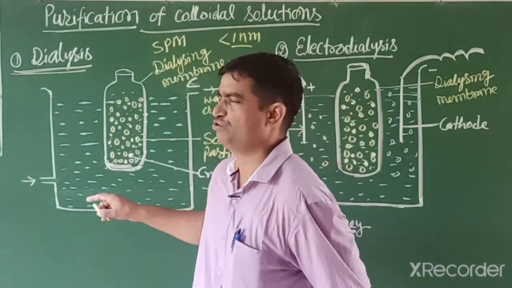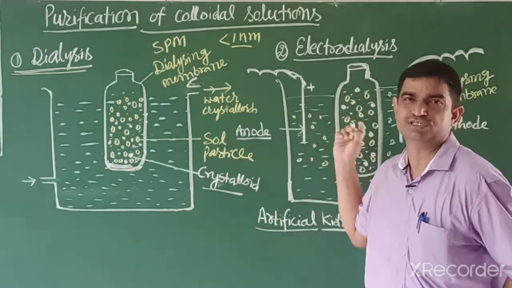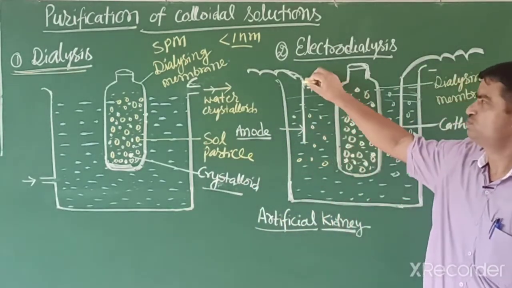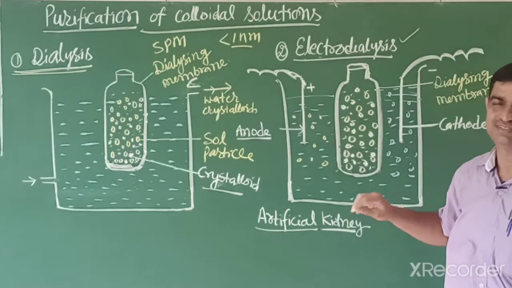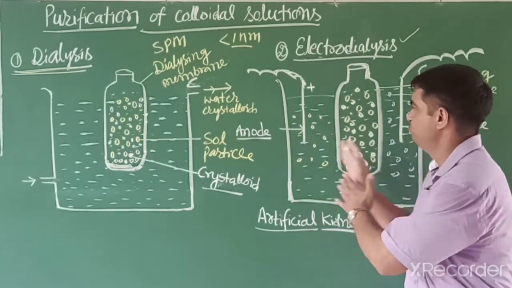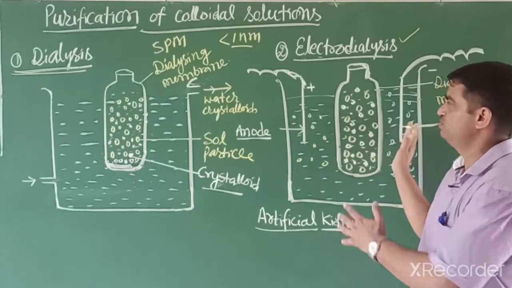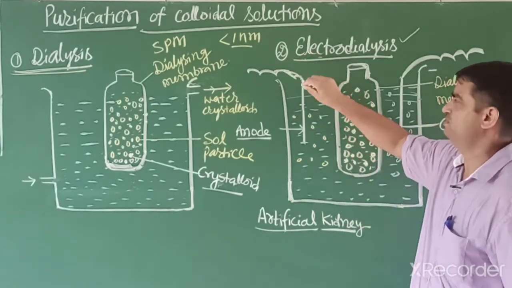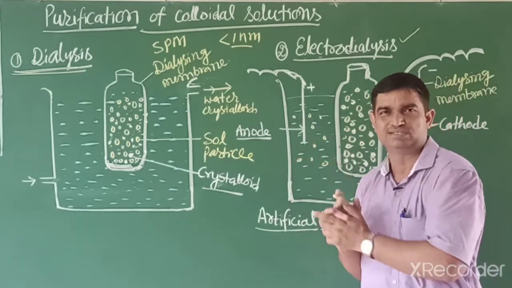But this is a very slow process. If we apply two electrodes in this, then this process is known as electrodialysis. Removal of the solute particles is fast, because when we apply current at the cathode and anode, the oppositely charged ions move towards that electrode.